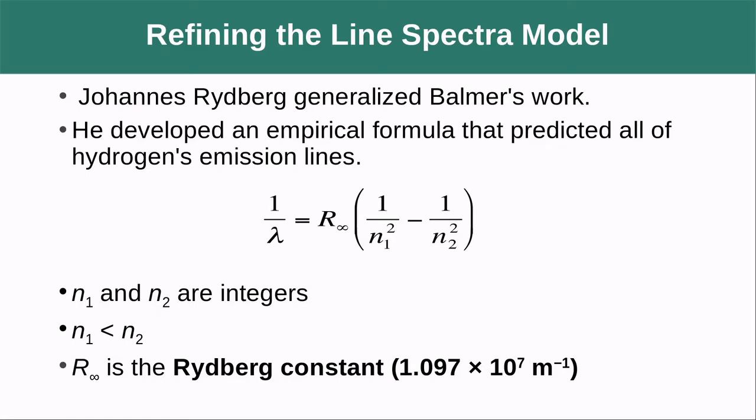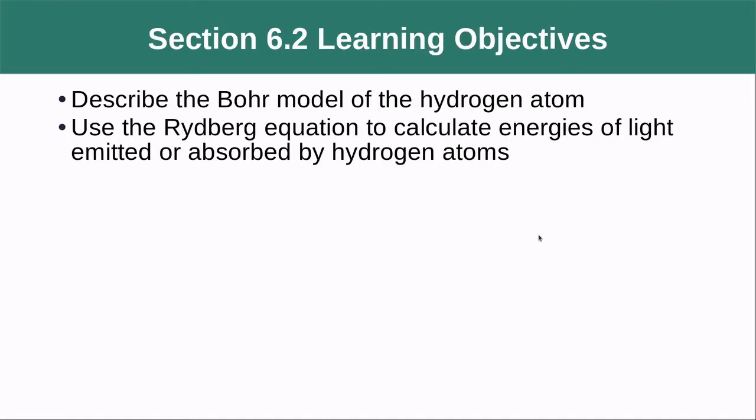He has his constant that he pumps in, and using his constant, he has two different n values, both of which are integers. n1 is always less than n2, and we are now able to get all of the possible predicted hydrogen emission lines. In section 6.2, we're going to describe the Bohr model of the hydrogen atom, and we're going to use the Rydberg equation to calculate energies of light emitted or absorbed by hydrogen atoms.